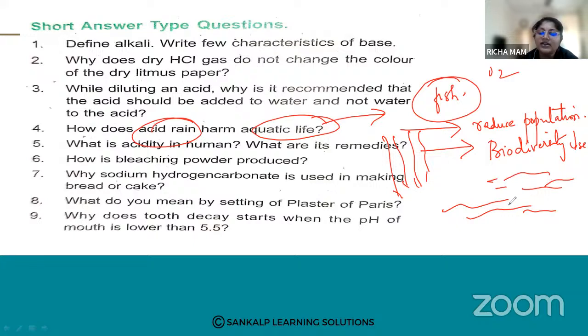In turn it harms aquatic life, reduces their population, and their biodiversity decreases.